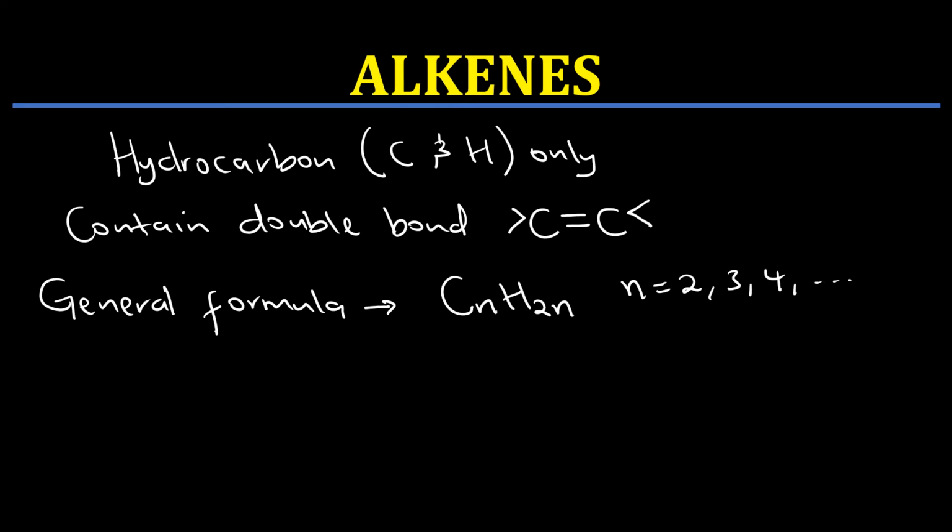Try to find out why we cannot have a value of n equal to 1 in this case. Our n is always equal to the number of carbon atoms, because our n is next to the C in that general formula. So with this general formula, we shall always be able to predict the alkenes that we can form. Okay, let's continue from here.